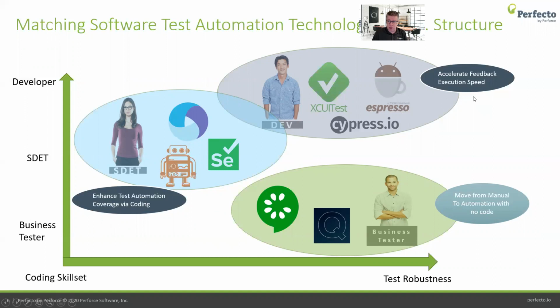Like the developer wants to accelerate feedback, get execution of testing as fast as possible so he can move to his next story point or defect resolution and others. So Cypress would probably fit well to the developers, front-end developers in the web context, because this is a very fast framework, and you will soon see it in a demo, from both test creation as well as execution.